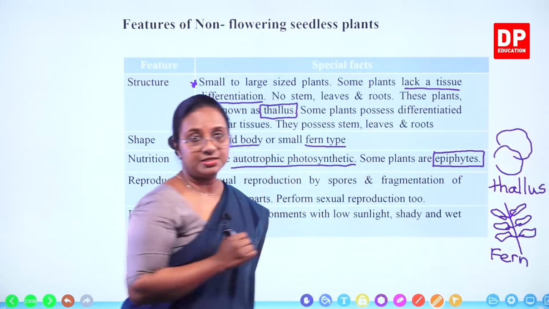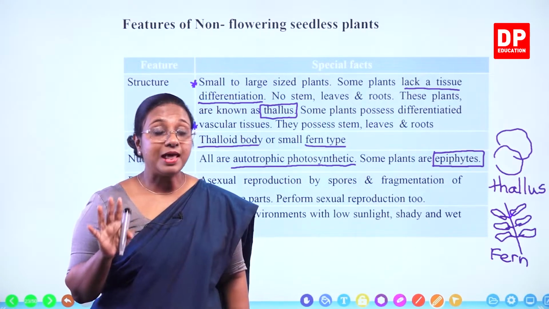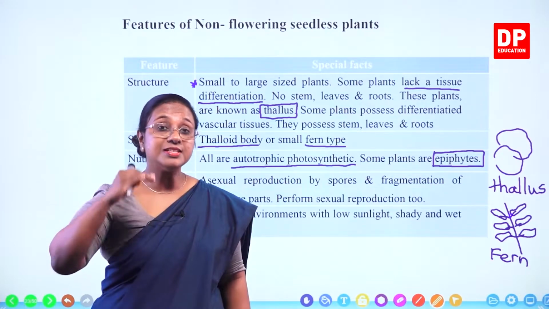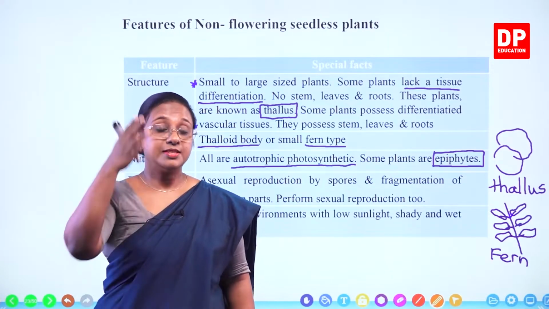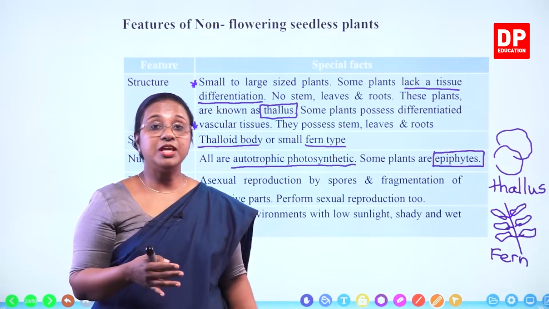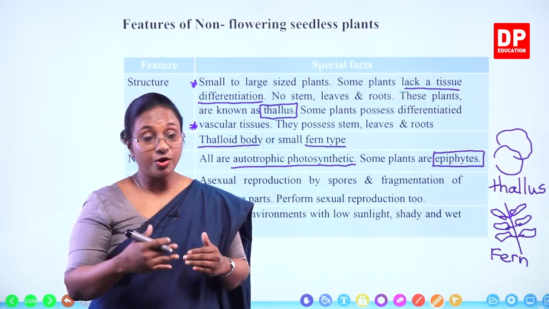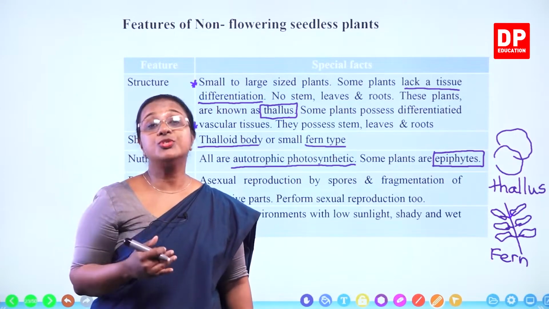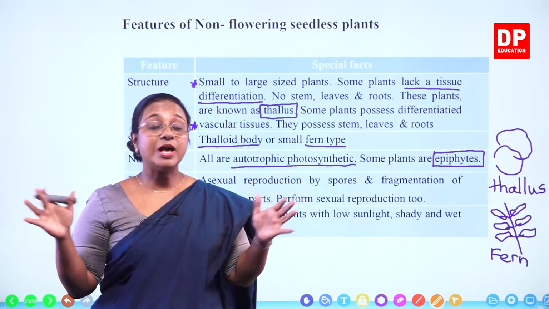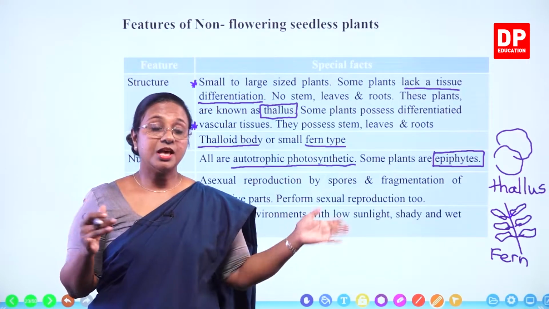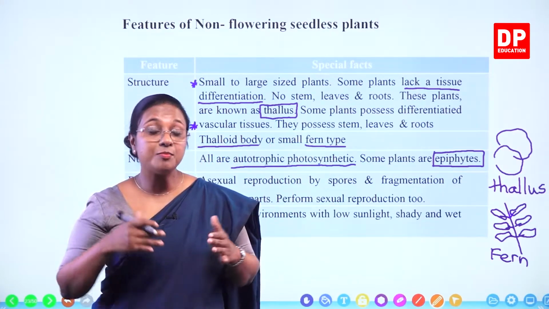What are epiphytes? These are plants that grow on a surface, a substrate, say the stem of a tree or on a wall, in order to be exposed to more sunlight. In a rainforest, there are a lot of plants and the plants are more dense.